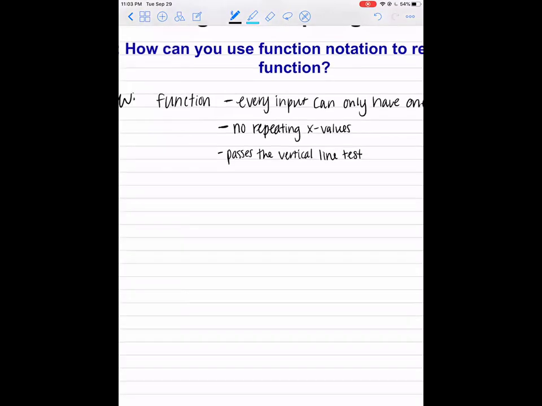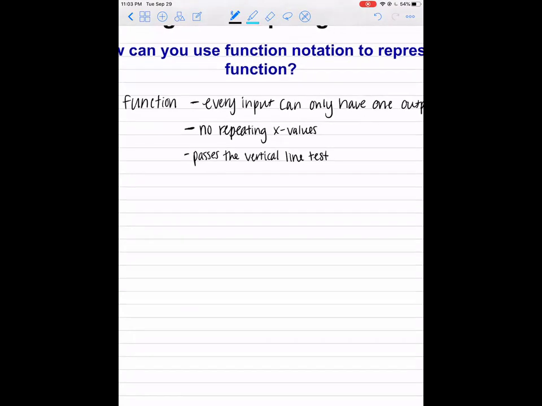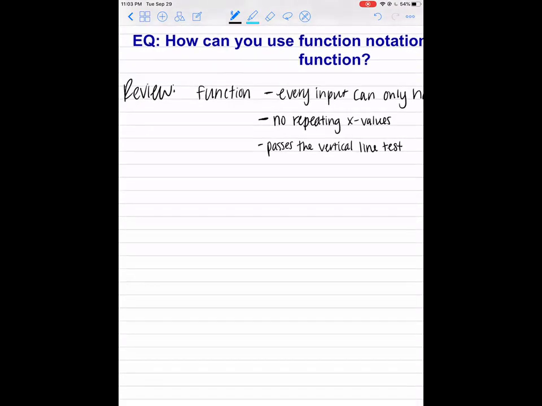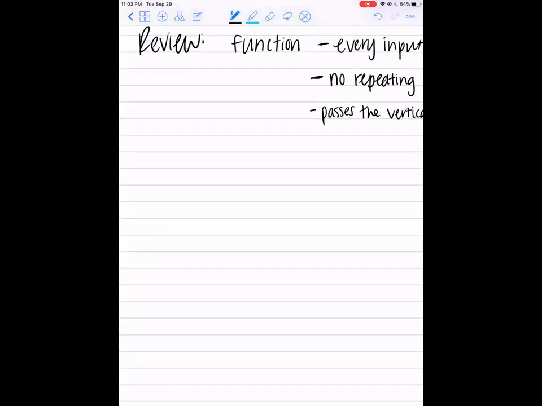So it had to be true about one of these items in order for it to be a function. Either there's no repeating x values, it passes the vertical line test, or for every input, there's only one output. So for every x value, there's one y value. Now today, we're going to learn what function notation is.